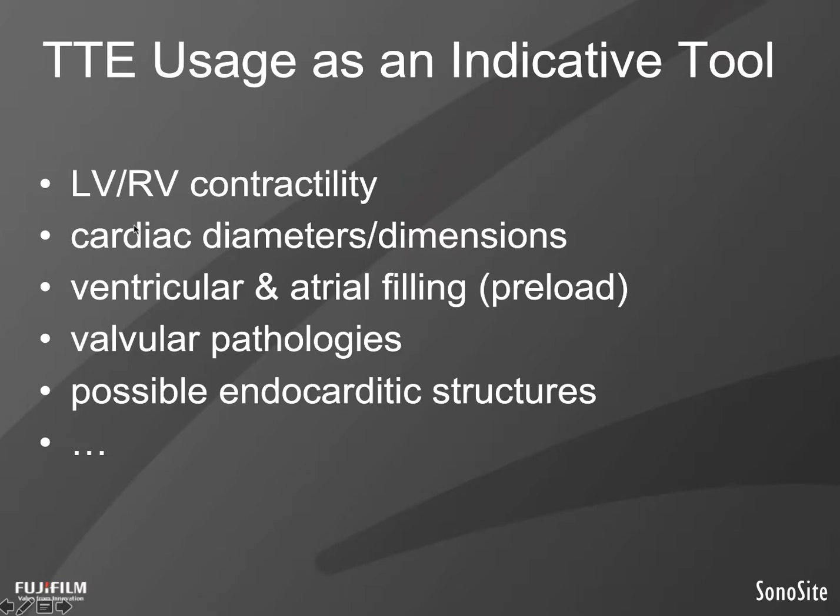For this purpose, it's very important to know about the normal diameters and dimensions. Then you can easily identify ventricular and atrial filling pathologies. In this regard, you have to focus on ventricular and atrial diameters towards each other.